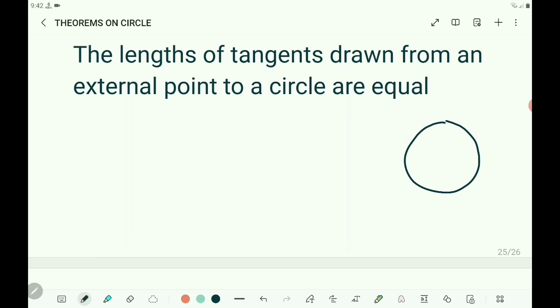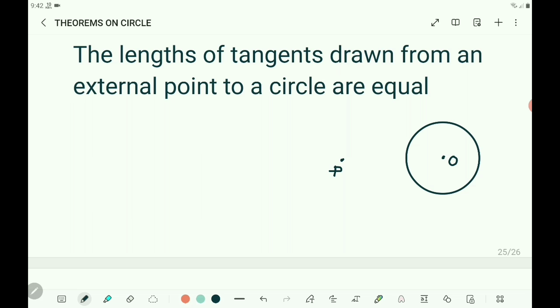Draw a circle with center O. Here O is the center of the circle, and you take a point outside the circle, which is called an external point.